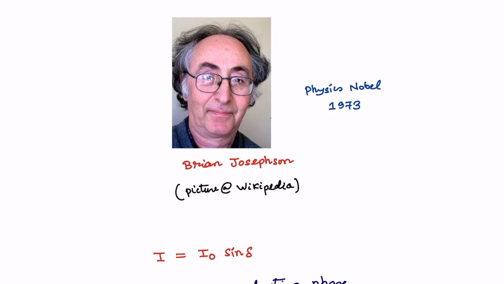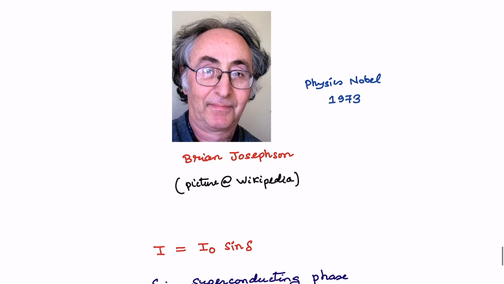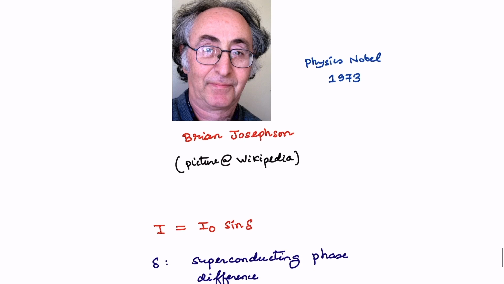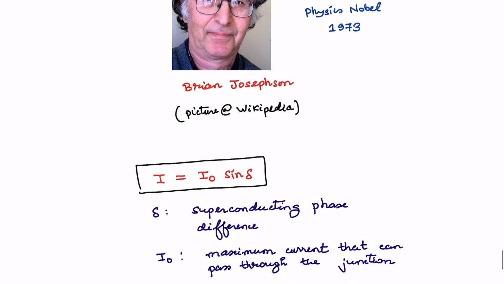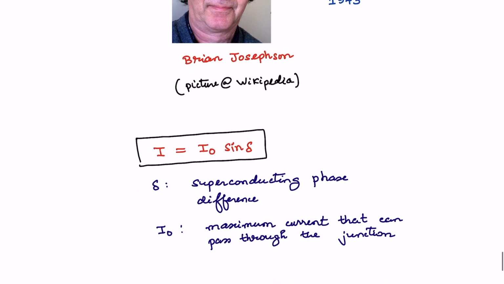Brian Josephson showed experimentally that because of tunneling of Cooper pairs, a supercurrent passes through the barrier, and this current is related to the phase difference between the phases of the two superconductors via a relationship, I is equal to I naught sine delta, where delta is the superconducting phase difference and I naught is the maximum current that can pass through the junction.